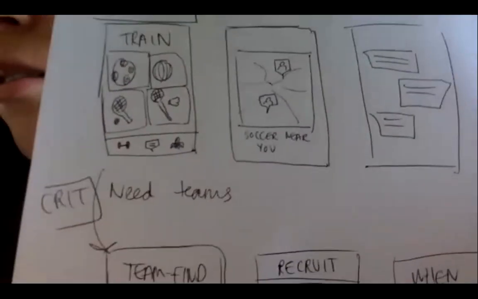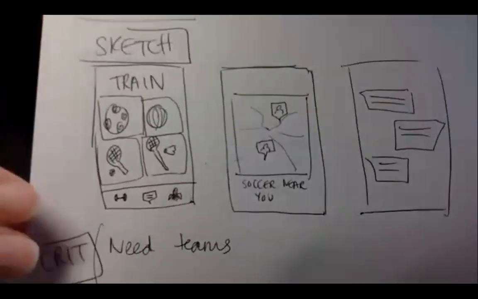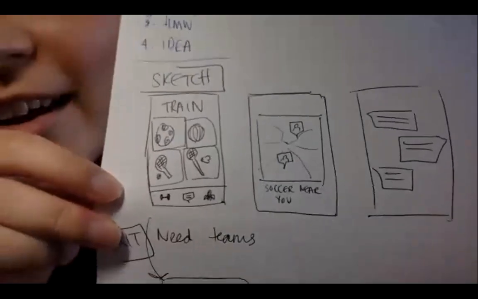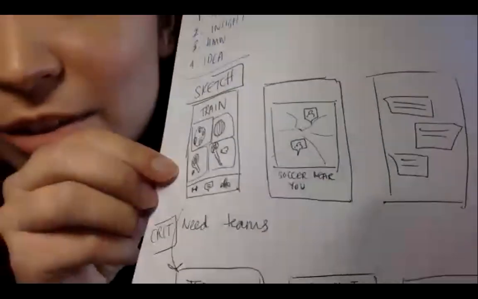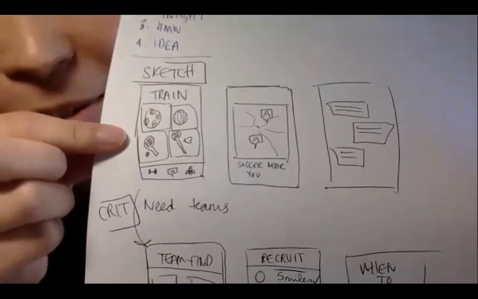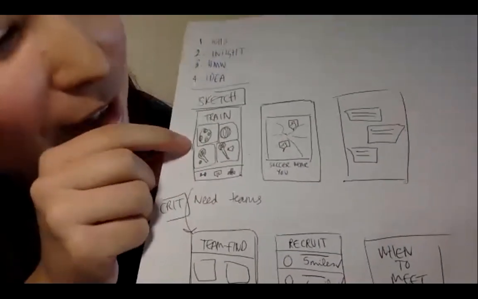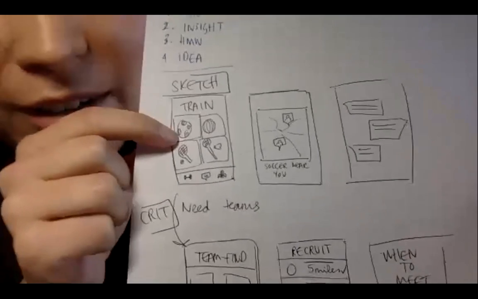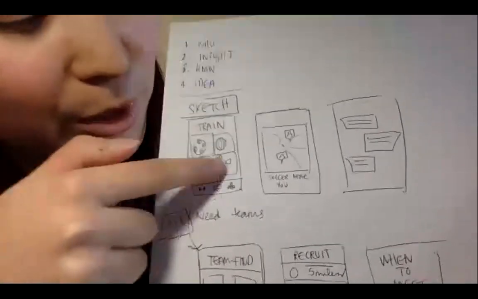I guess the first thing I can show you is my sketch. So round one of sketches. I don't know if that's easy to see. I'm gonna turn a light on. That's easier. So I forgot that it was just for soccer and I was thinking about loads of sports, so I put loads of sports here to begin with. Maybe you'll want to train soccer, maybe you want to train basketball, whatever.